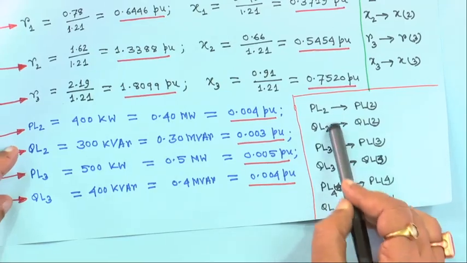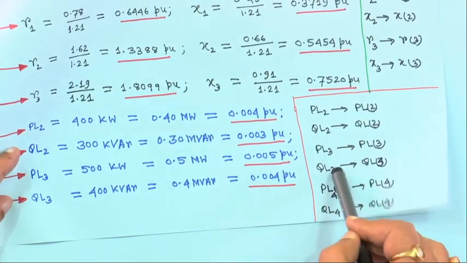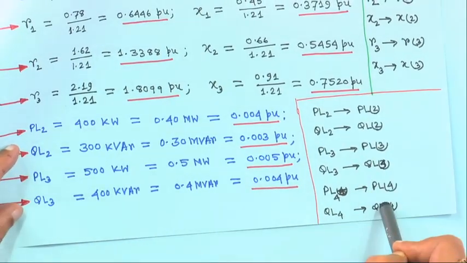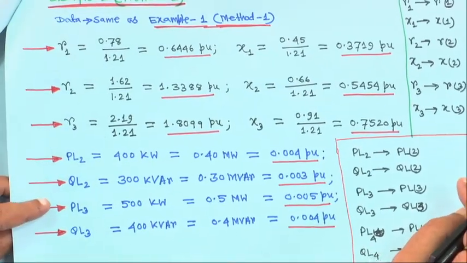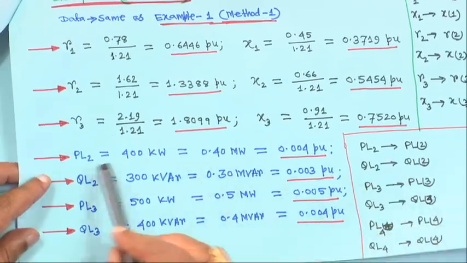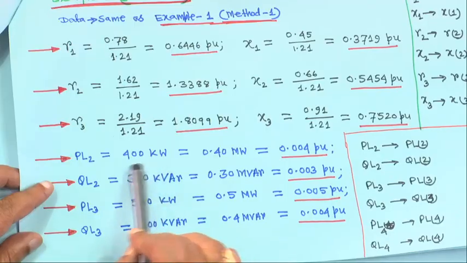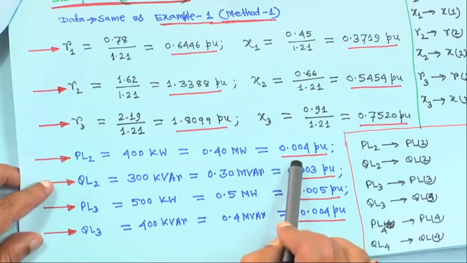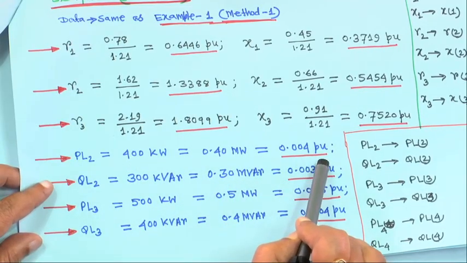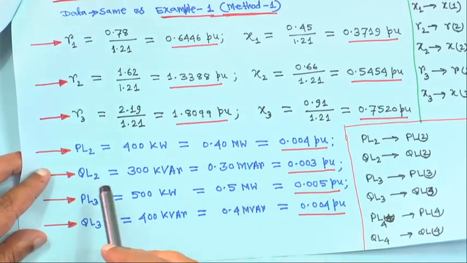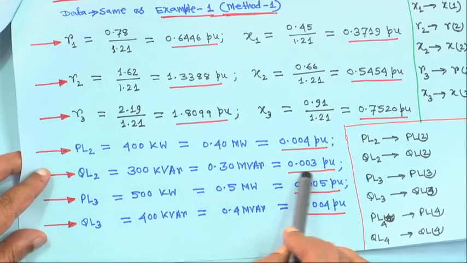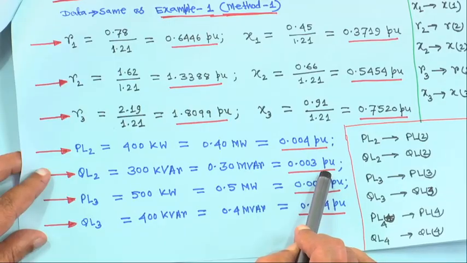Similarly, PL2, QL2 up to PL3, QL3, PL4, QL4 are all the same, so there should not be any confusion. PL2 is 400 kilowatt, divided by 1000 gives 0.4 megawatt, divided by base MVA, so 0.004 per unit. Similarly, QL2 is 300 kilowatt, which is 0.003 per unit.